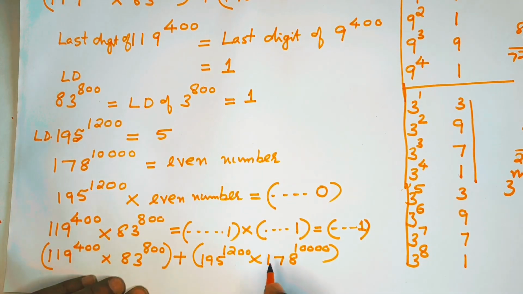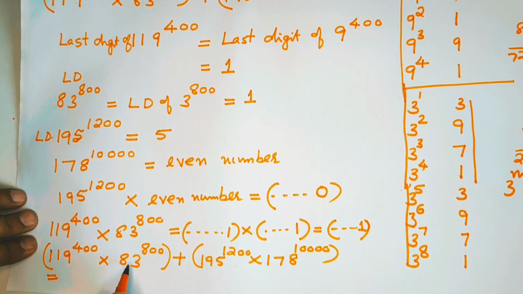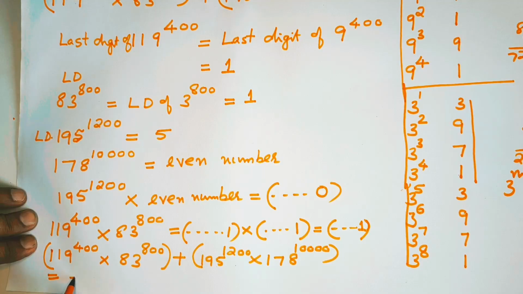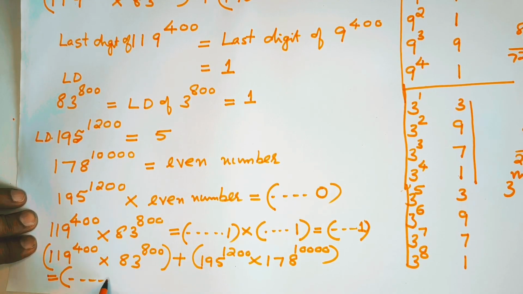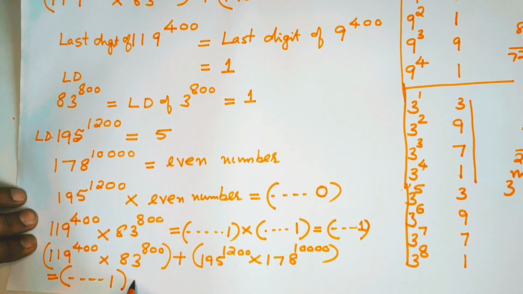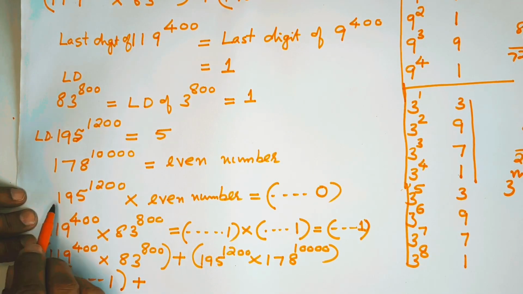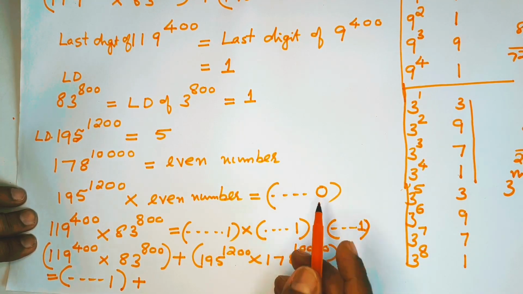This is the number given to you for which we are finding the last digit. This number I showed you, the last digit is 1. So there are many digits to the left of it, and that will end in 1. Then plus these two together, I showed you the last digit as 0.